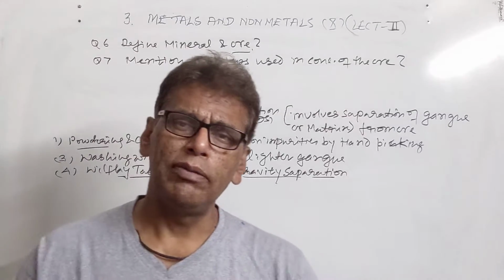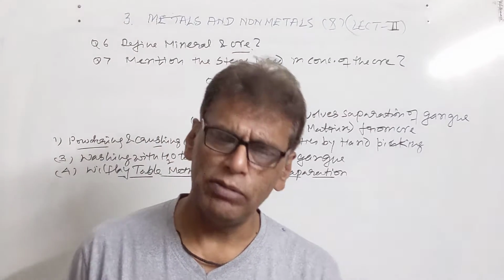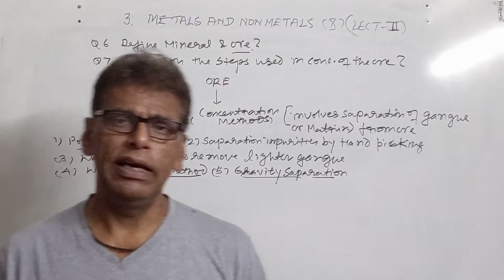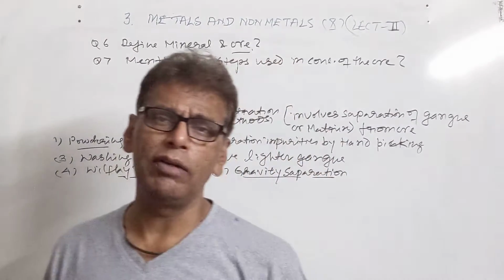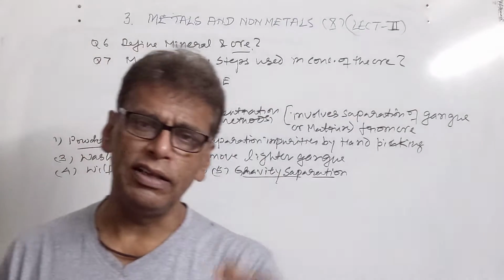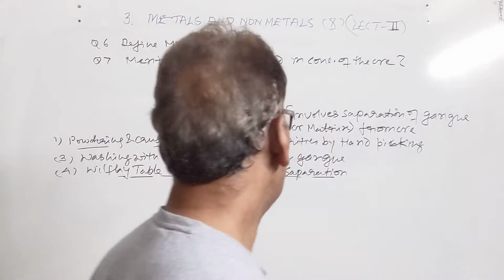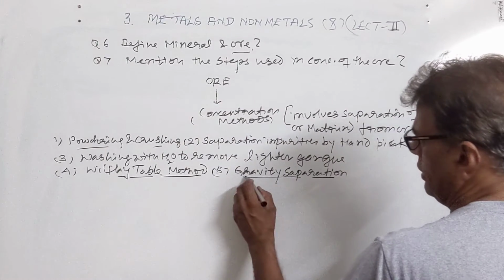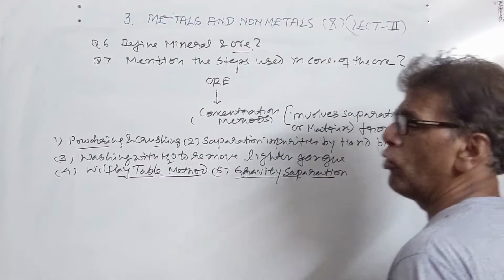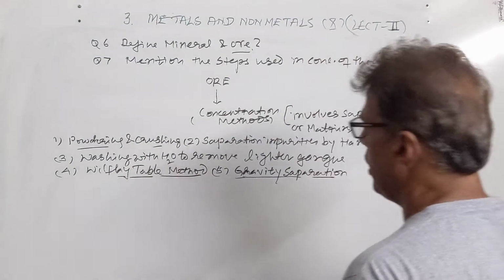Water blows up the ore as well as the gangue. Gangue, being lighter in particle, gets extracted from the upper chamber, while the ore particles, being heavier, settle in the lower compartment of this double chamber system. So this is the way to separate heavier ore particles from lighter gangue particles.